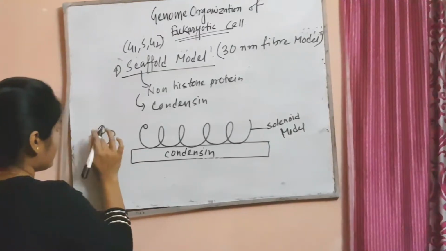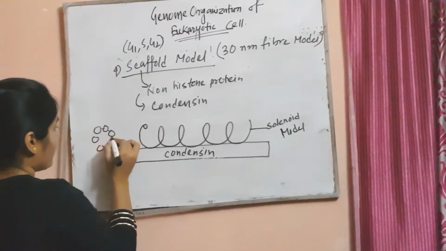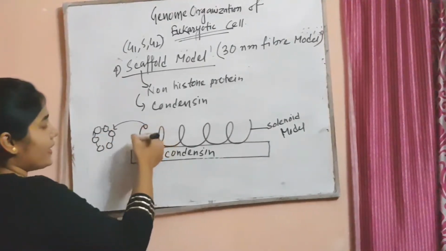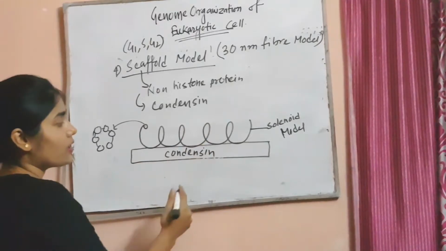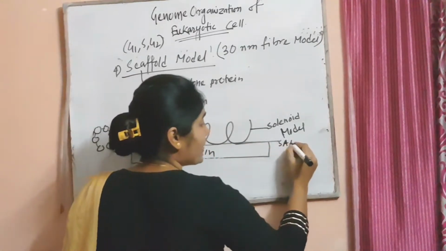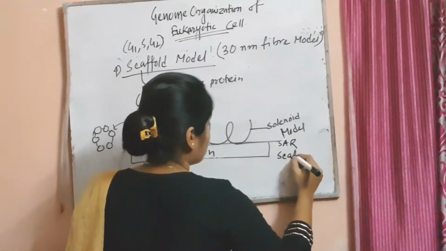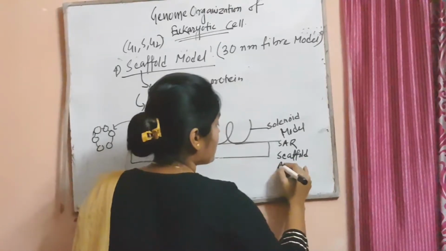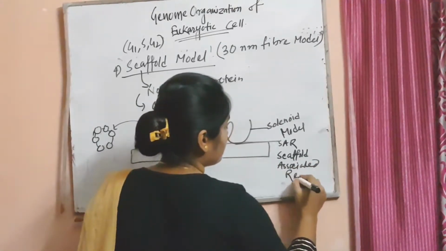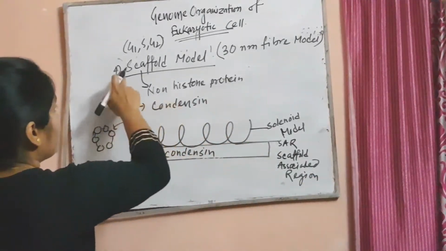There is also another one. This is the six-subunit compaction, helically arranged with the condensin protein. When it is attached to the condensin protein, this is known as the SAR. What is SAR? SAR means scaffold associated region, and this is known as the scaffold model.